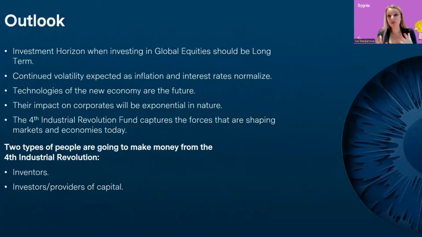And lastly, because of the recent sell-off that we have seen, you could argue that it's a good time to enter this sector from a timing perspective, as it has had a little bit of a sell-off. And if you keep that long-term mindset, then we definitely think that these disruptive technologies and exposure to the Fourth Industrial Revolution Fund definitely makes sense in the context of a very well-diversified global portfolio.